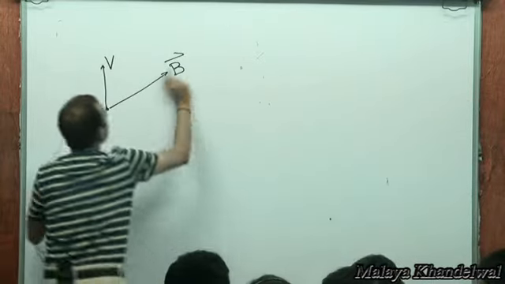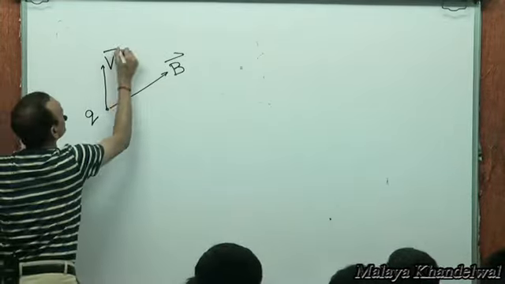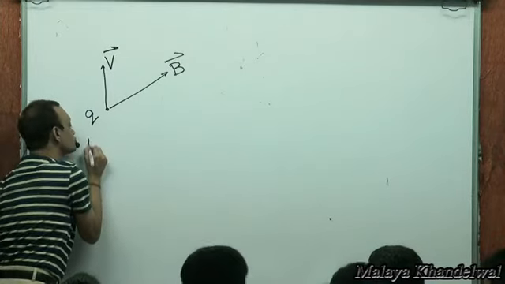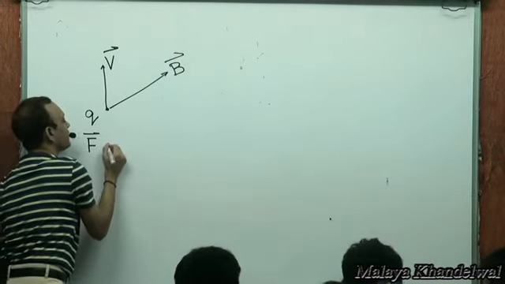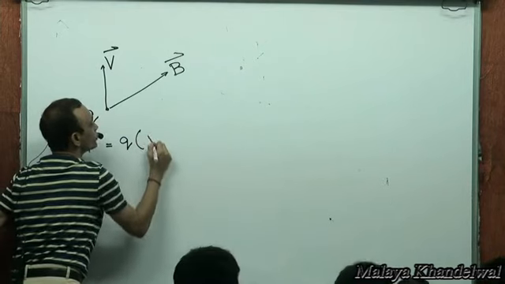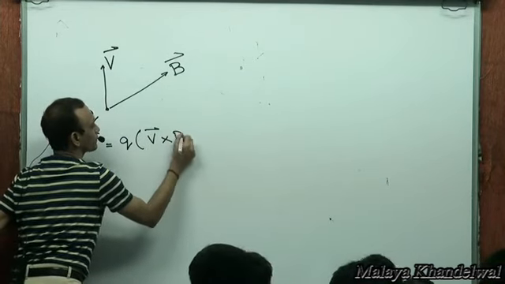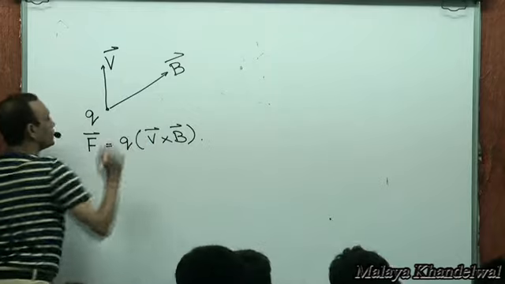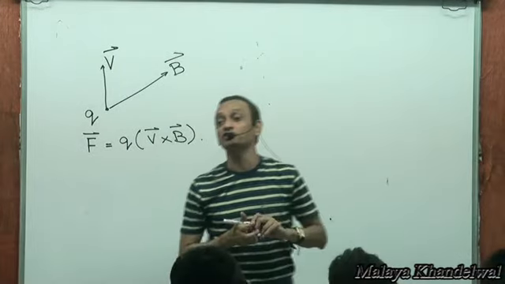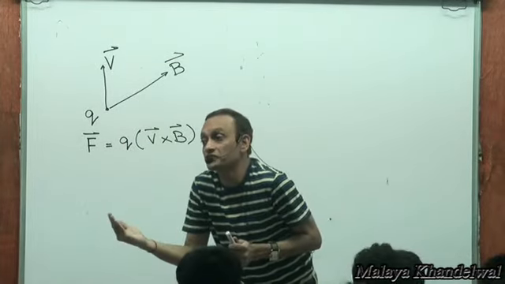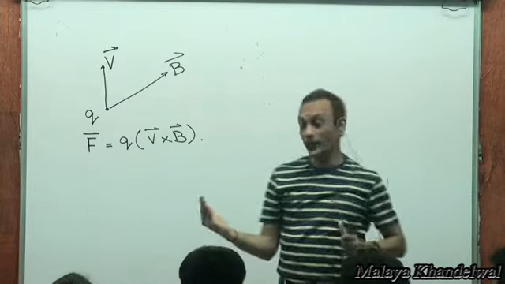So when it's exposed to a magnetic field B, this charge is found to experience a force F, which is Q into V cross B. That's the force experienced by a charge Q when exposed to a magnetic field B, right?